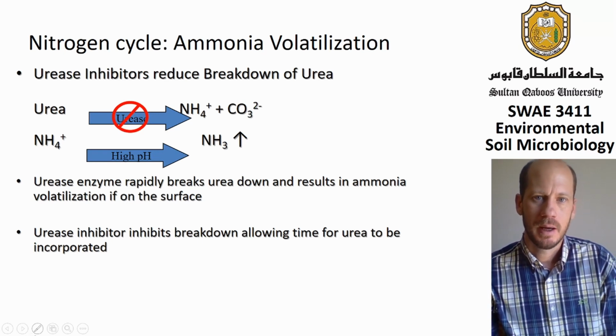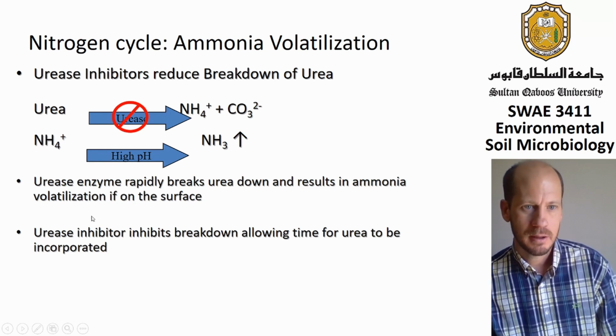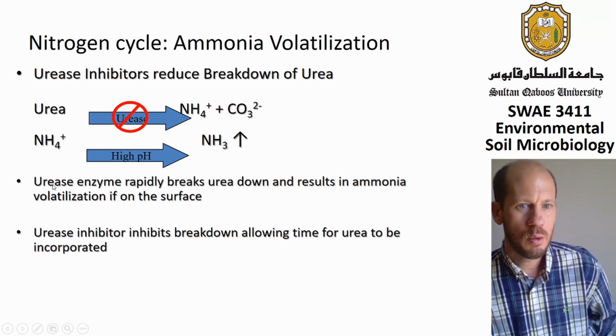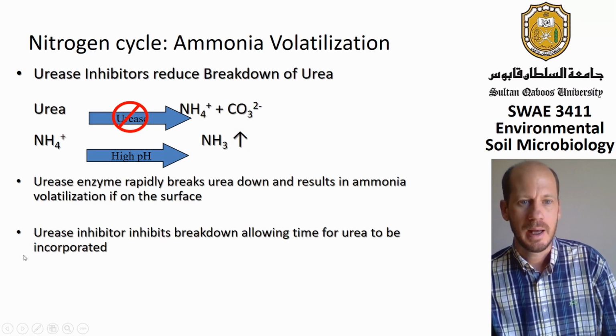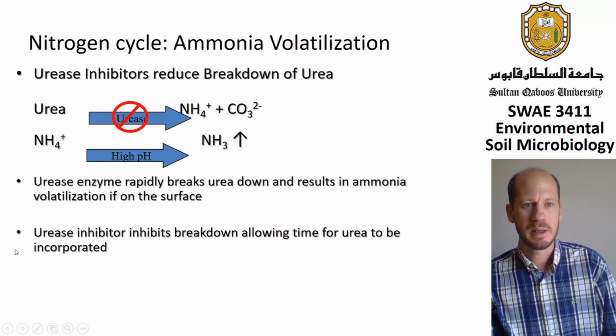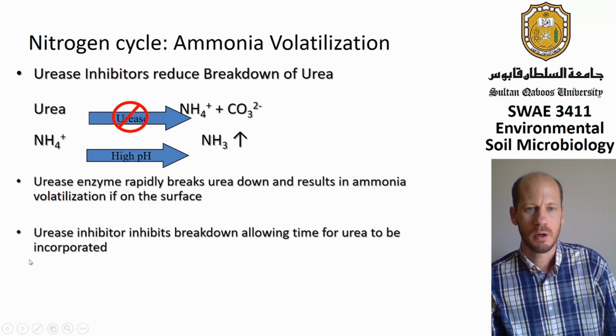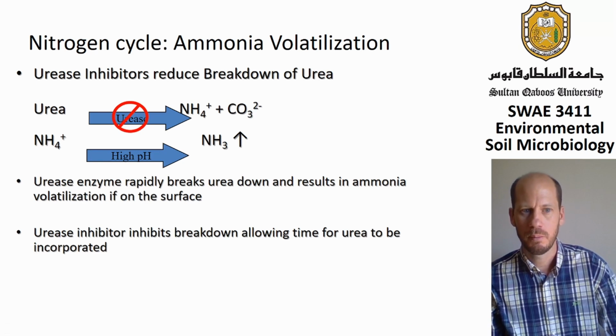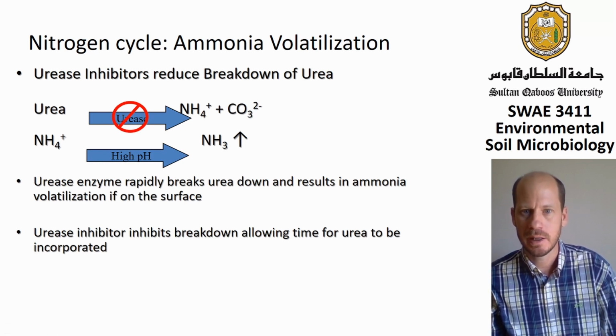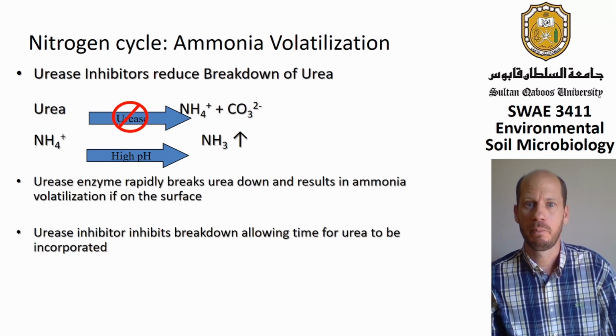As a fertilizer technology to prevent ammonium volatilization, some fertilizers contain urease inhibitors. That means that if you add urea to the soil, the inhibition of urease enzymes from the soil microbes will make this urea be mineralized into ammonium at a slower pace.